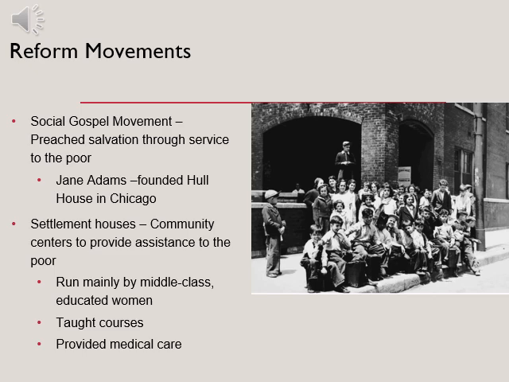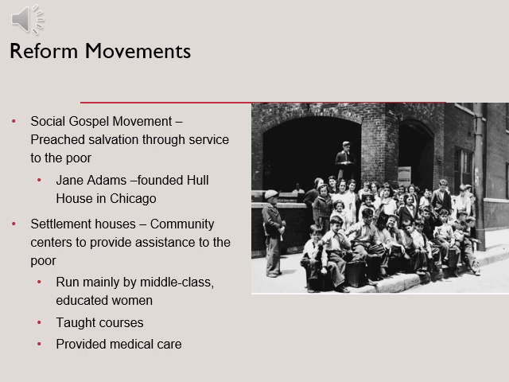One of the responses to the urbanization during the Industrial Revolution, one of the reform movements, was the social gospel movement, where it was preached that salvation through service to the poor was our best source of reform. One of the prominent figures of the social gospel movement, Jane Addams, founded the Hull House in Chicago, Illinois.